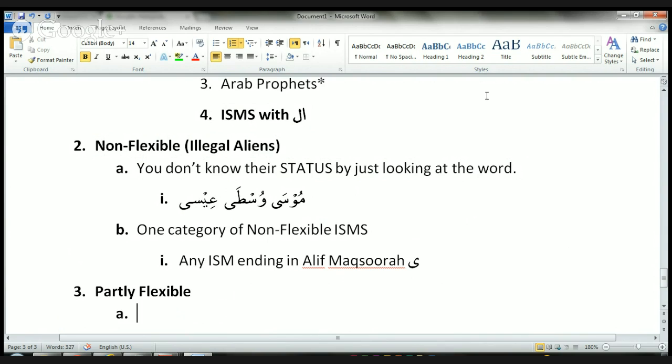But it still has grammatical status. A partly flexible ism is a student visa. When it comes to a partly flexible ism being a student visa, it means what? That it can do some things and it cannot do other things.